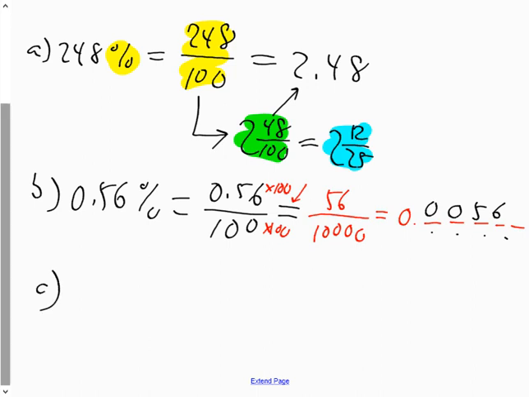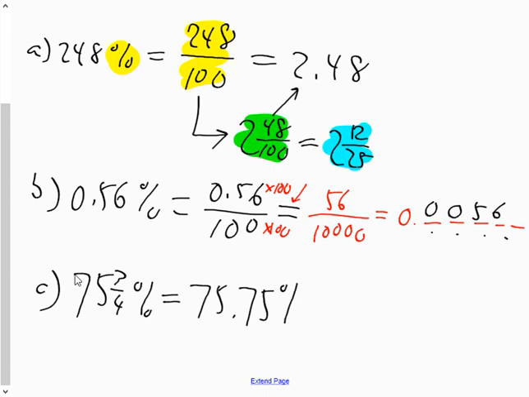And finally, your last question in this particular one is 75.75%. We're going to change that fraction of a percent to a decimal, which is the same thing.